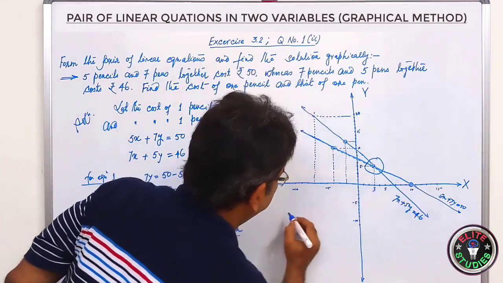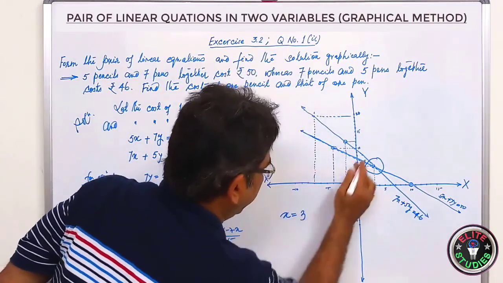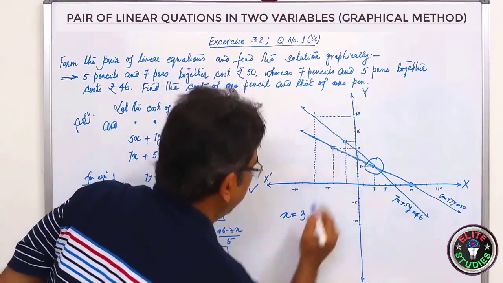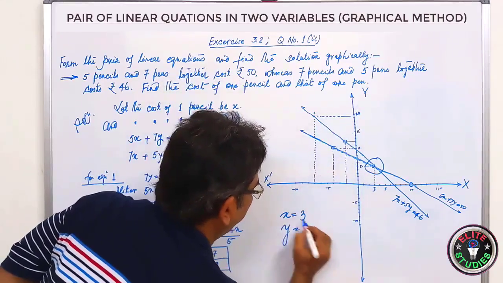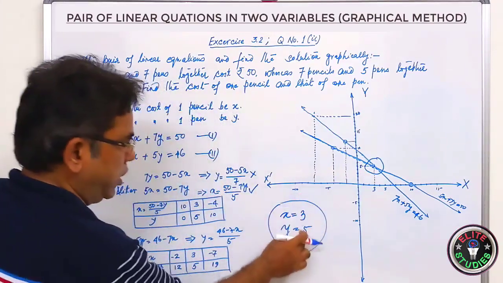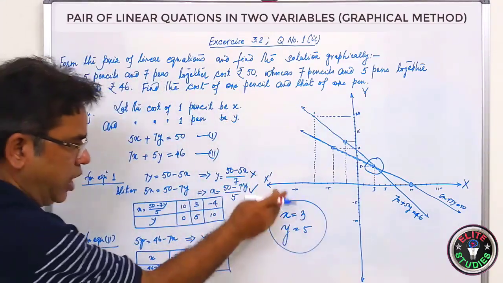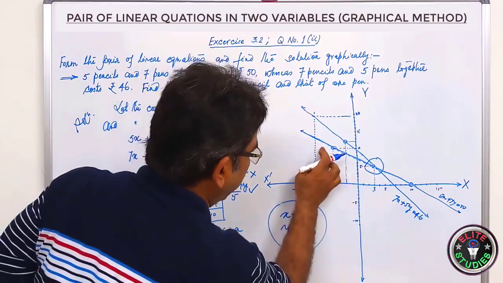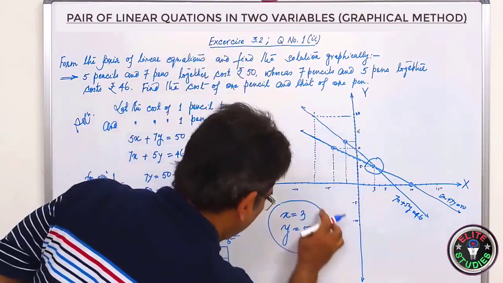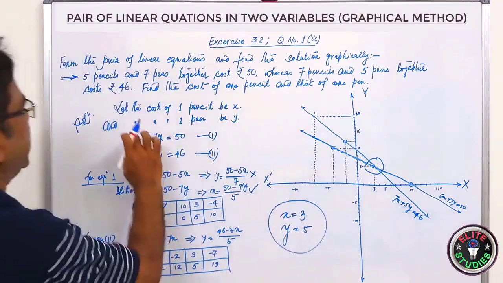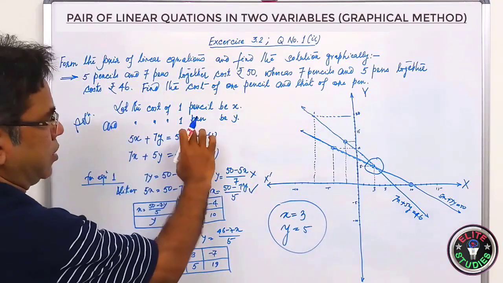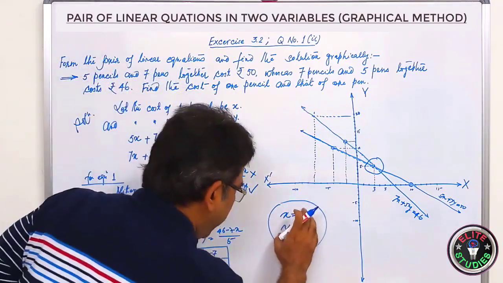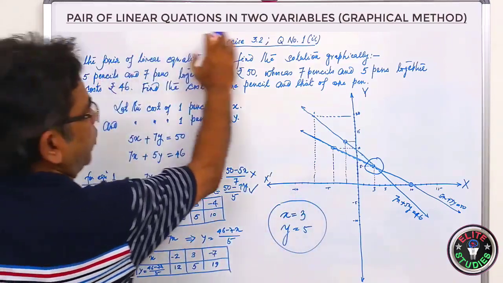So here x is equal to 3 and y is equal to 5. This is the unique value lying on this as well as this line. Therefore this is the solution to these equations, the answer to this question.